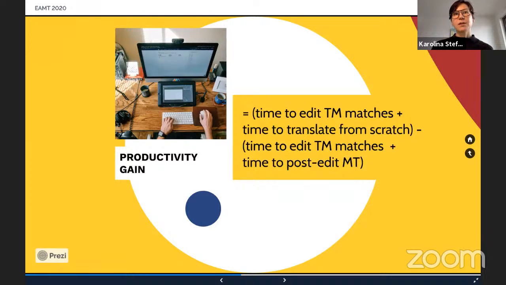Unfortunately, in DGT, we don't have sophisticated tools that would enable me to track what my colleagues are doing and how long it takes. So I had to adopt a much simpler approach to measuring this potential productivity gain. Basically, I performed small scale tests, again with 6 colleagues. I gave them several sentences, and I asked them to translate some of them and post-edit other sentences.